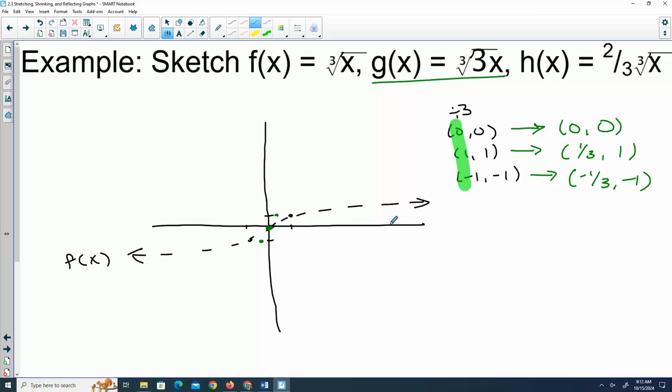If you did more, if you had 8, it would be negative 8/3, negative 2, and positive 8/3, positive 2. So we can see this is a horizontal shrinking. It's like I took my ends and I shoved them towards each other. So that forced it to get kind of taller when we did that.